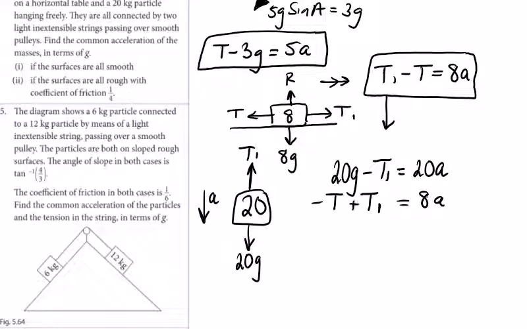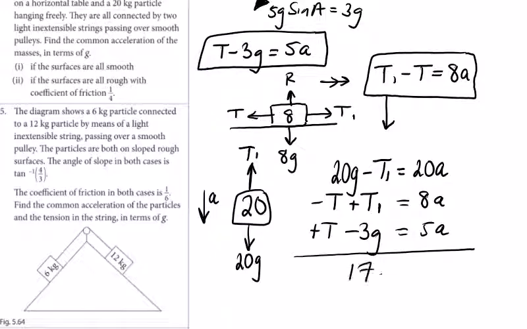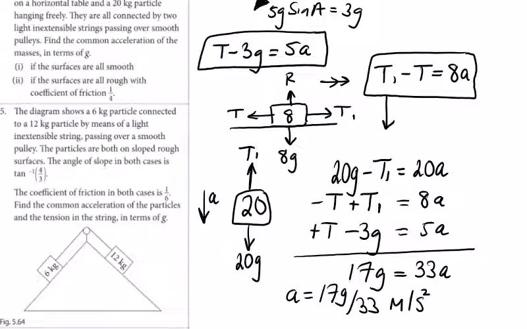And from the top equation, the plus T and the minus 3g is equal to 5a. So you can see the T's all cancel here, and we're left with 20g minus 3g, which is 17g, is equal to 33a. So a is equal to 17g over 33 meters per second squared.